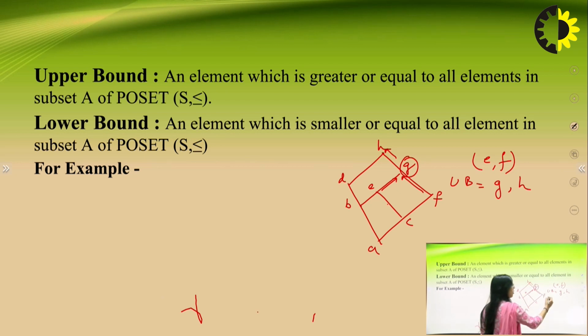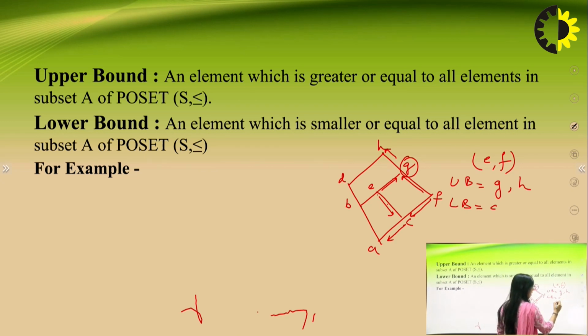If we talk about the lower bound, then if we move downwards from these two elements, we reach C and we reach A.